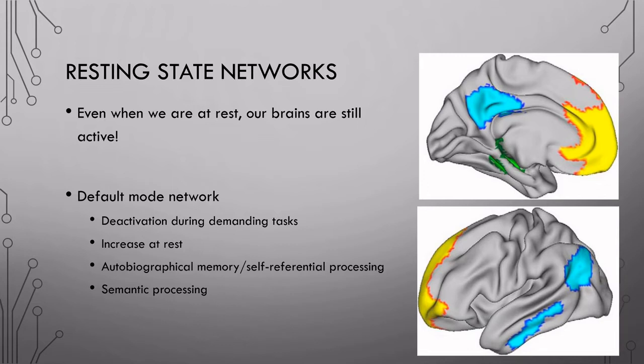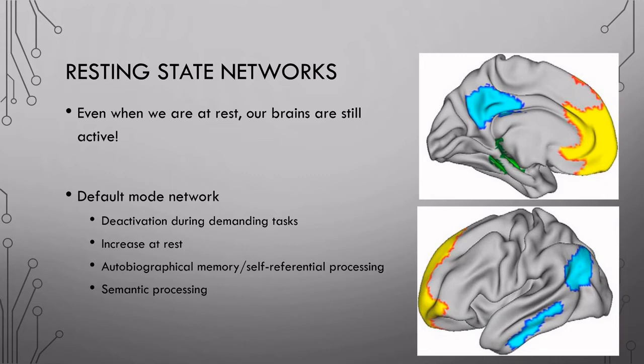And researchers have actually found several resting state networks. The best example of a resting state network as opposed to a functional or task network is the default mode network. This is made up of several areas such as the medial prefrontal cortex, the precuneus, the middle temporal gyrus, and angular gyrus, among a few other regions.